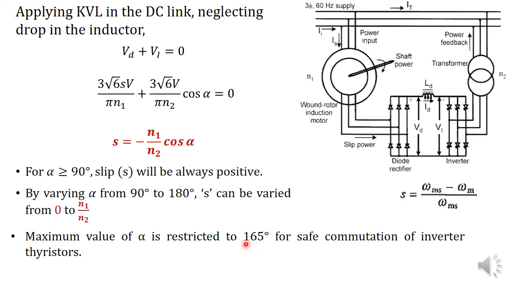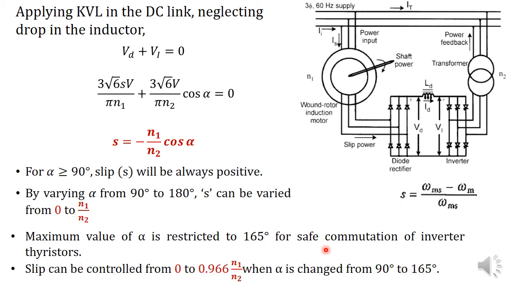So the firing angle alpha is varied from 90 degree to 165 degree instead of 180 degree. The maximum value of alpha is 165 degree for a Kramer drive. So slip can be controlled from 0 to 0.966 N1 by N2 when alpha is controlled from 90 degree to 165 degree.